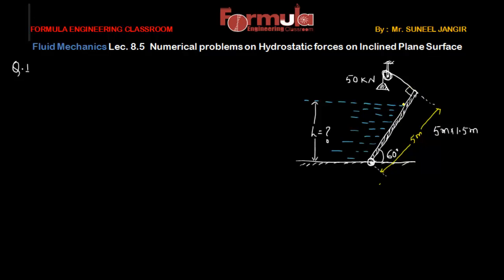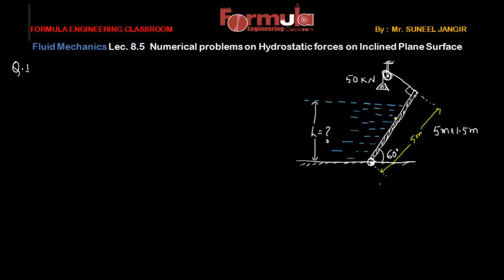To solve this type of problem, first of all, we can say that this gate is balanced by the force acting due to the water on the left hand side, and the counter force is due to this weight.